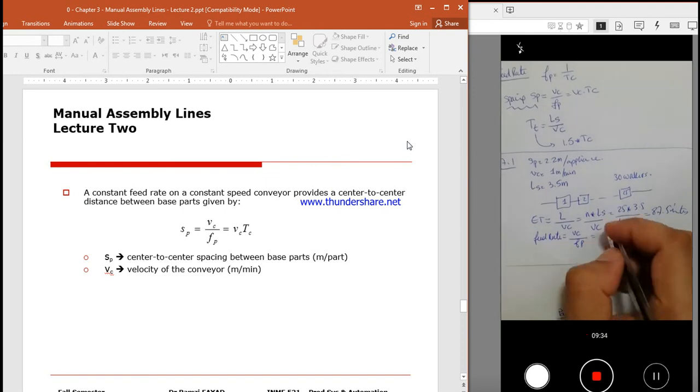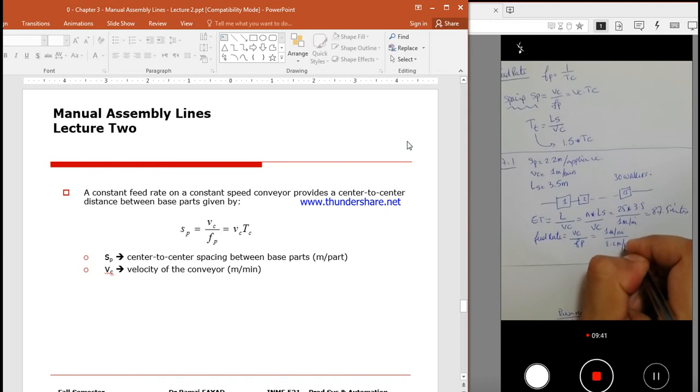So this will be 1 meter per minute divided by 2.2 meter per part, which is 0.455 parts per minute. This is the feed rate.